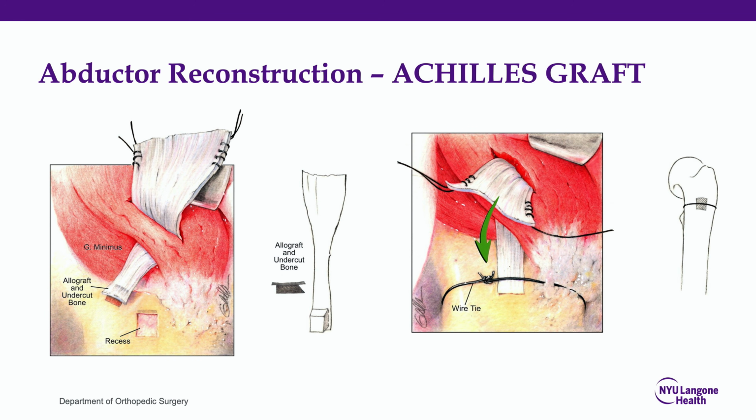So there are lots of options for abductor reconstruction. You can use an Achilles allograft with a calcaneal bone block, and that can be sewn through the residual abductor to help reinforce your repair.